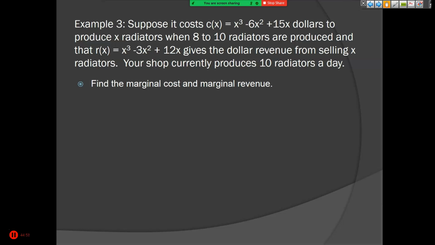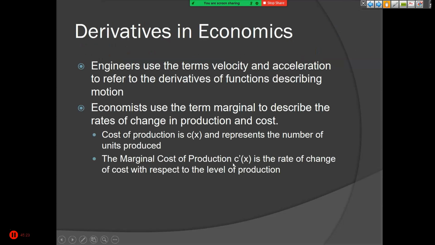If you took econ at any point in time, you might have heard of marginal cost or marginal revenue. The word marginal in calculus is a fancy way of saying the derivative. And that's what this says right here.